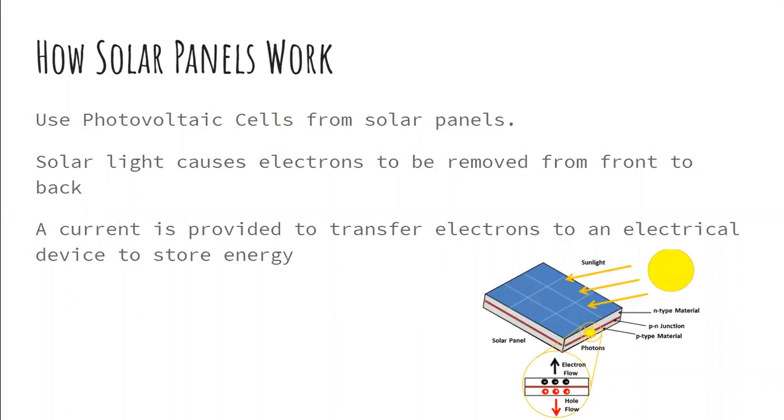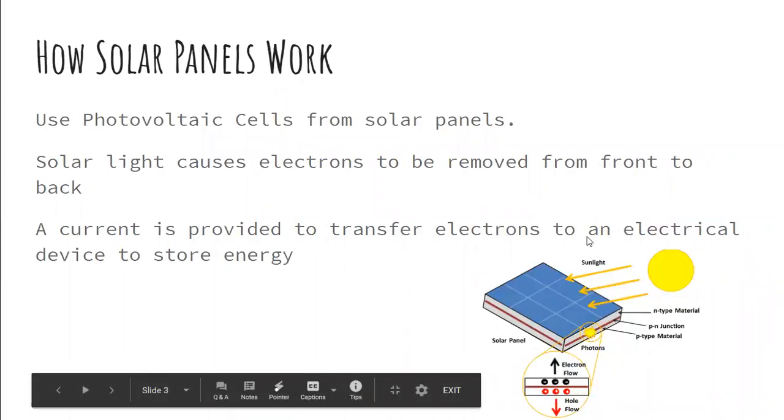Before that, let me give you a brief description of how solar panels work. Solar panels are made of photovoltaic cells, which are basically the blue or dark colored squares you see in the picture down here. When the sunlight hits those cells, it causes the electrons to be removed from the front side and move towards the back.